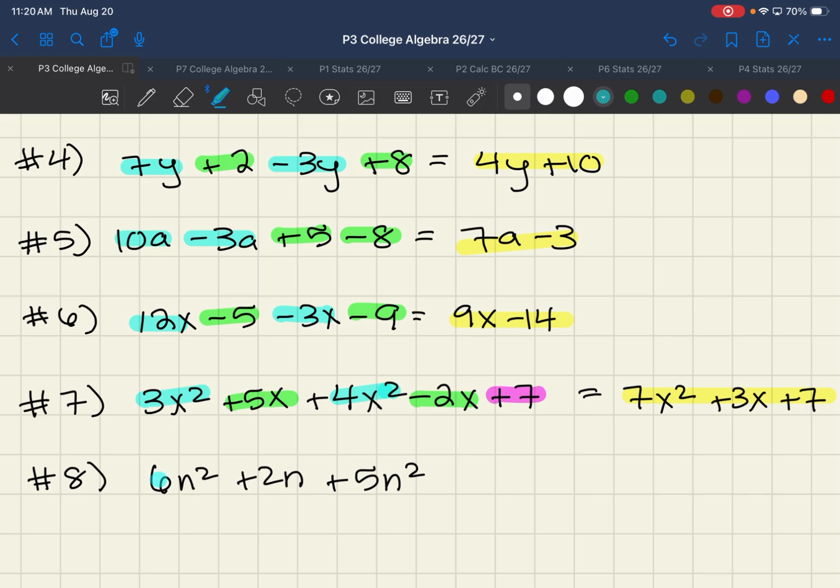No, because n squared is not the same as n. They're 2 different things. So what did you guys get? Go ahead and just shout your answer. 11n squared plus 2n. Good. 6n squared plus 5n squared became 11n squared, and the 2n was by itself, so we just attached it to the answer.